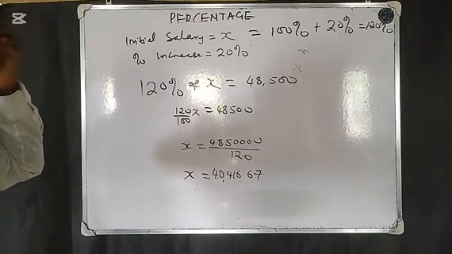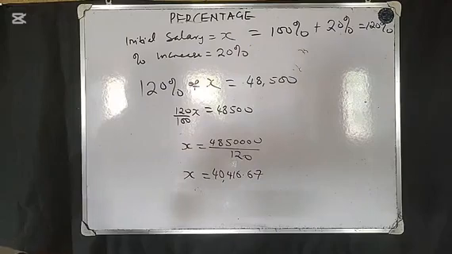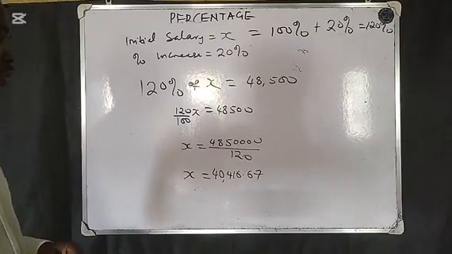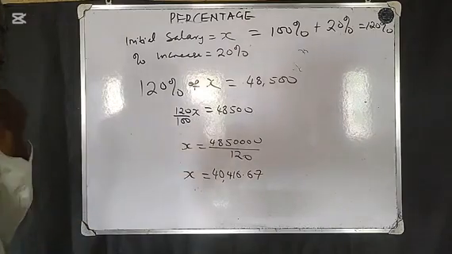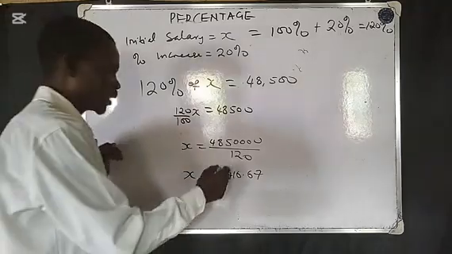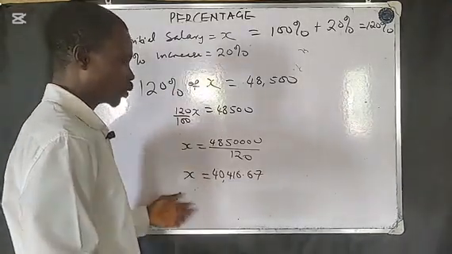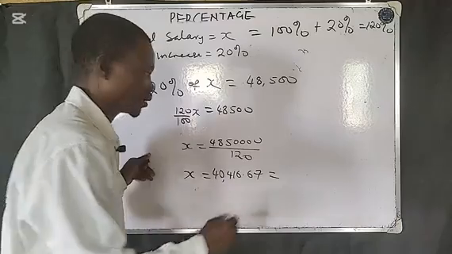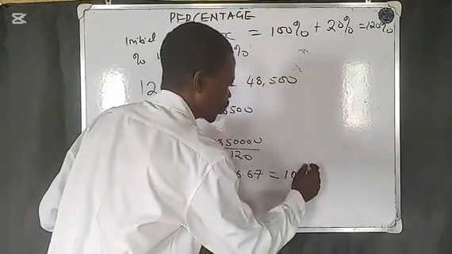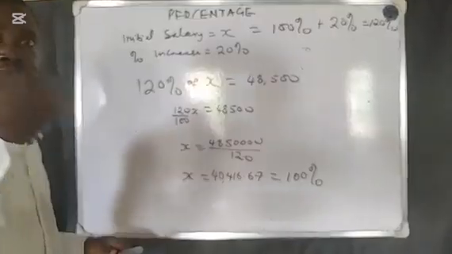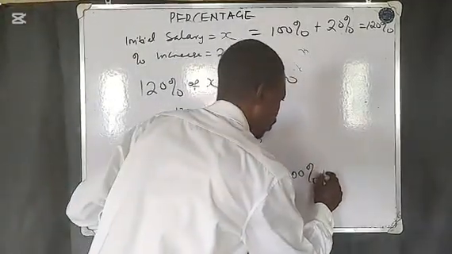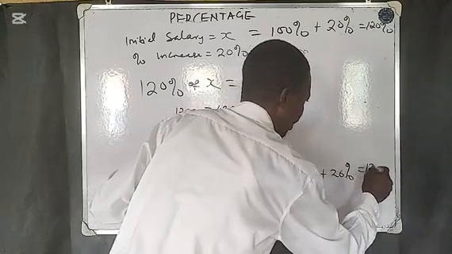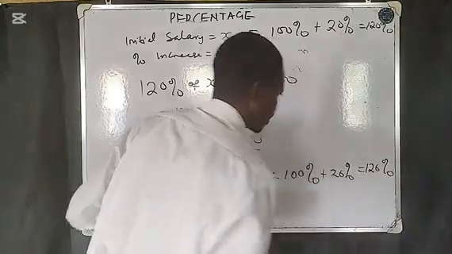What would have been the salary if the increase had been 26%? So what we do is to say this one again is also 100%. To increase it by 26%, we just say plus 26%, and that will give us 126%.